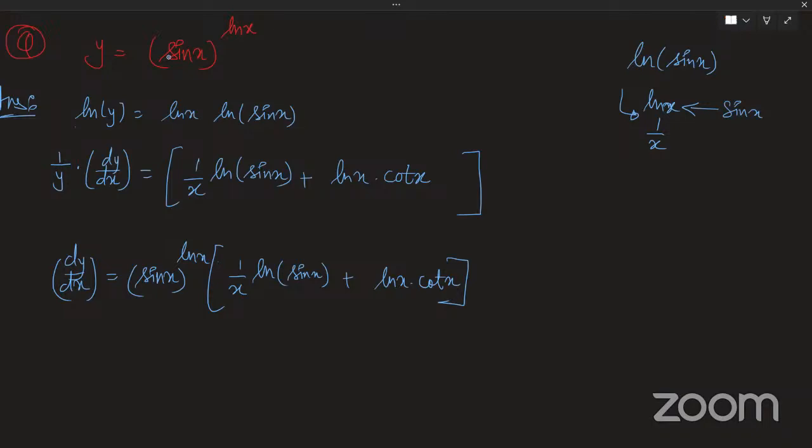Where is y? See, I took this y on this side, and my y value was already given to me, sin x raised to ln x. So I just kept it back as the original function of x. Fine.